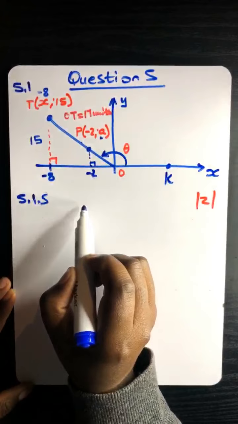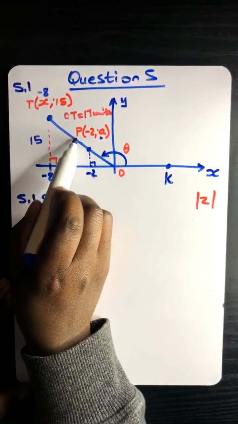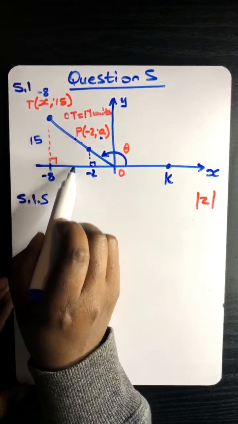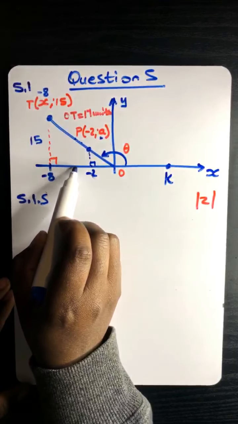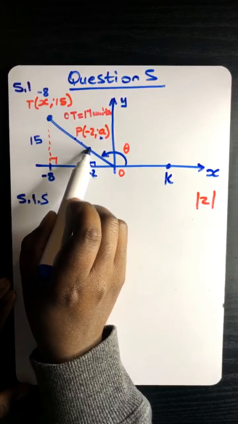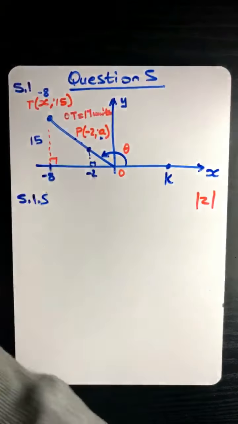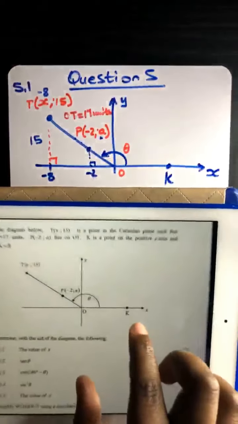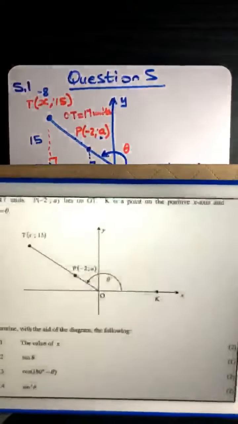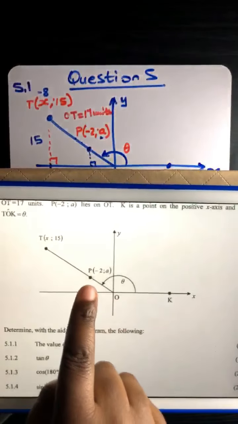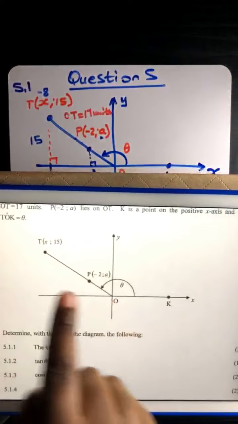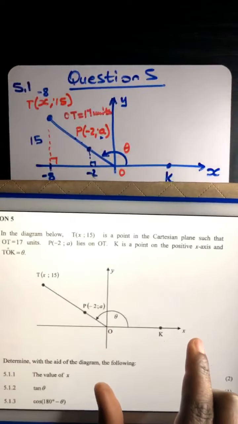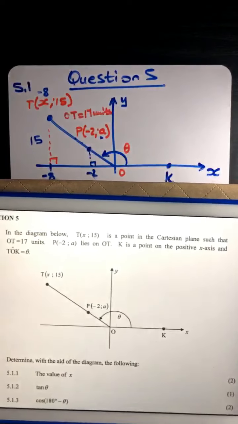It would be half if point P was somewhere there, whereby x is -4. But can you see where it is? It's actually down there, even though I haven't drawn it to scale. Can you see there's no way from origin to P could be halfway between origin to T? Can you see there, Matumza?